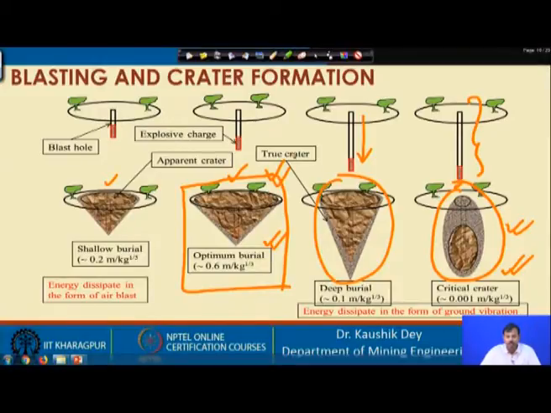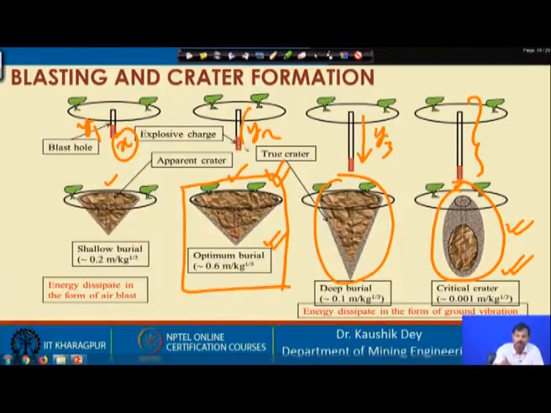So, suppose this is x kgs of explosive placed at a depth of y1. This is giving us the shallow burial condition, where we are getting some crater volume which is less than the optimum burial. Then we have y2, this is y3, and comparing y1, y2, y3 burial, we have found that the maximum we are observing is at y2. So, this is the optimum burial.